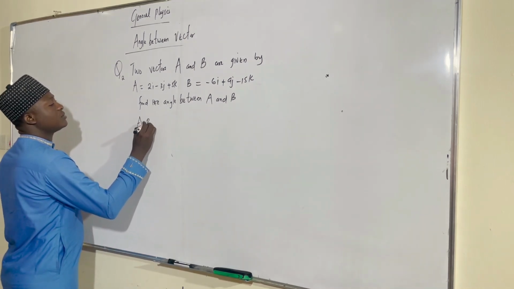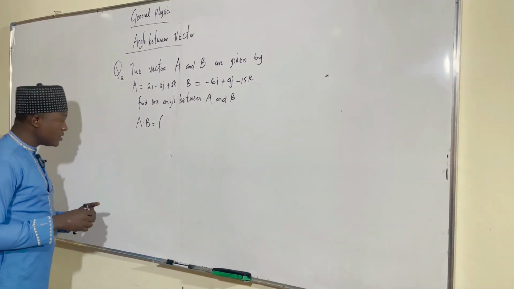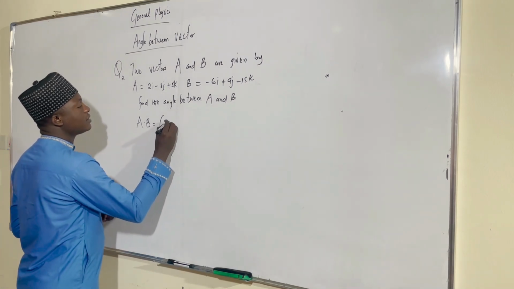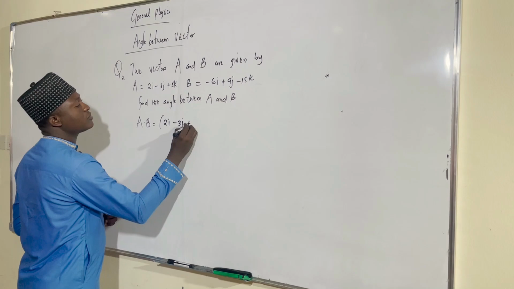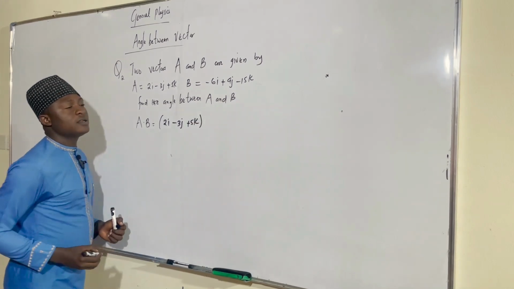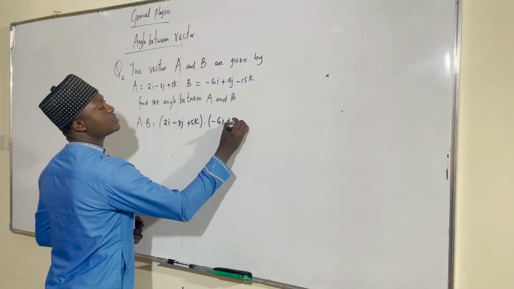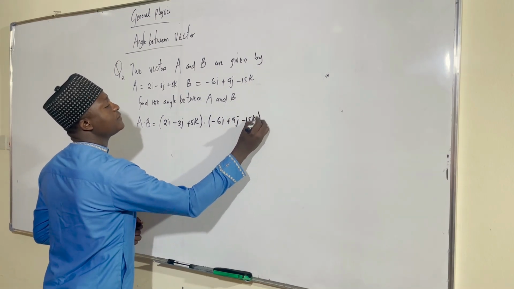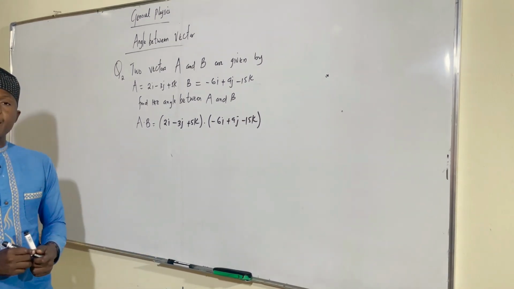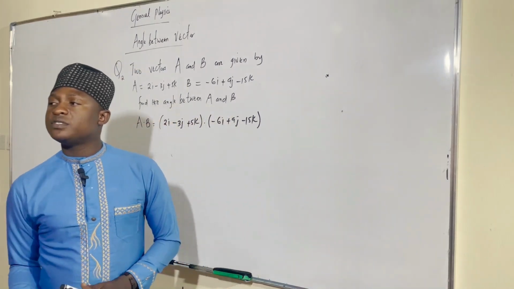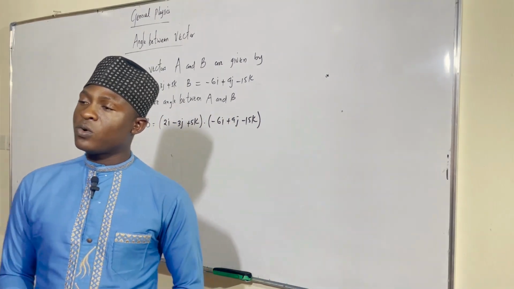So the vector A is given as 2i minus 3j plus 5k. Dot vector B, we have it to be minus 6i plus 9j minus 15k. I told you for the dot product, just take them direction by direction: i for i, j for j, at the same time, k for k.